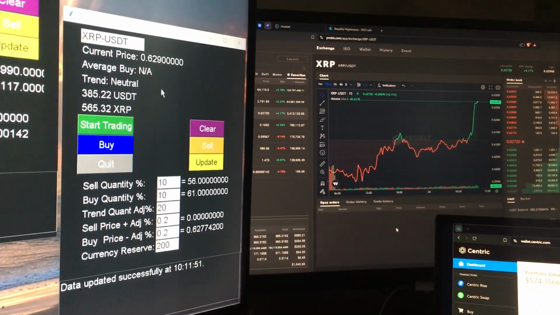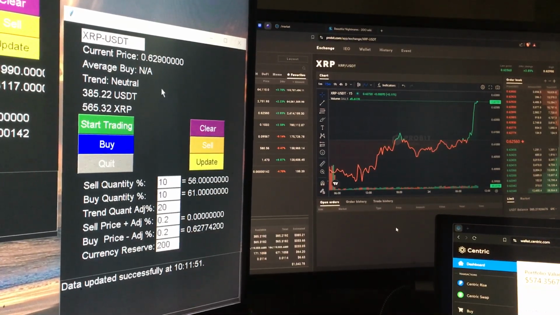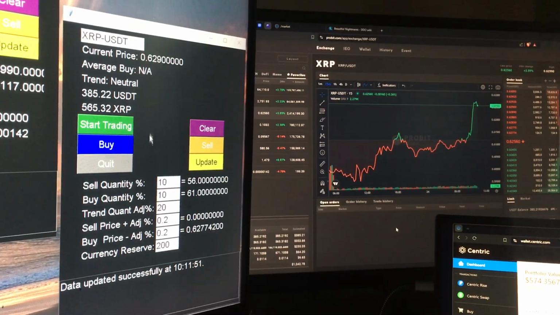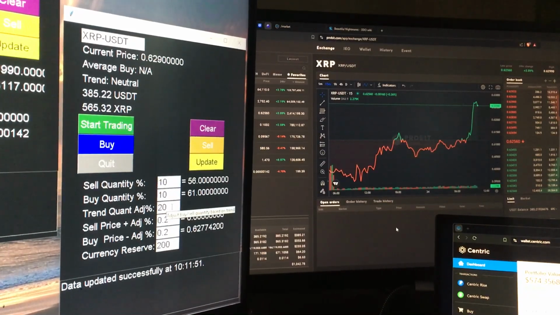If the trend is rising, it sells less quantity to preserve currency to sell at a higher price when it gets there. 20% is a conservative amount that it defaults to. The sell price adjustment percent is the amount added to the average buy price or the current price, whichever is higher. And that's what it'll sell for.